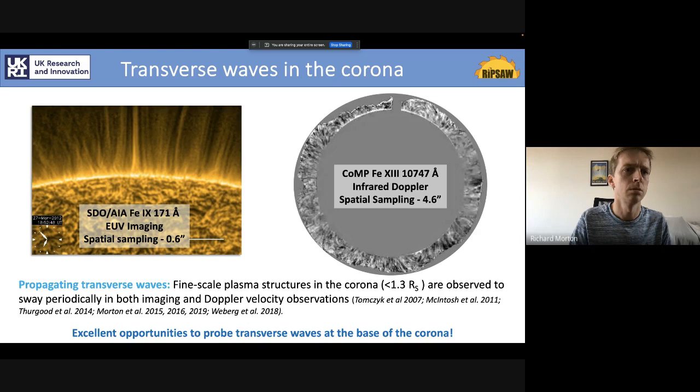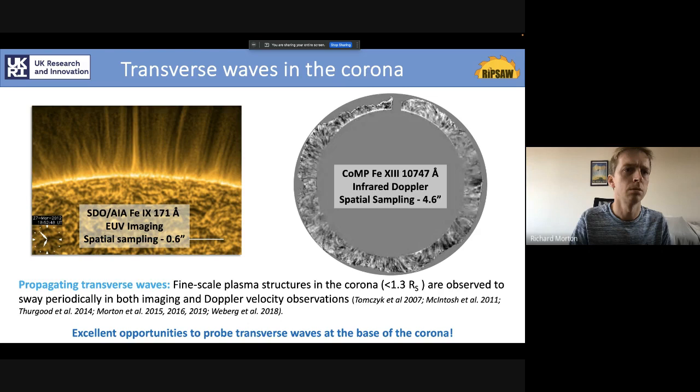You see them propagating up through the corona, and because they're so clear, you can use these signals to measure how fast they're propagating. I mentioned before that if you assume a kink wave or a surface Alfvenic wave, you get pretty much the same expression, but the propagation speed basically depends upon the magnetic field and the density. That's the only thing it relies upon.